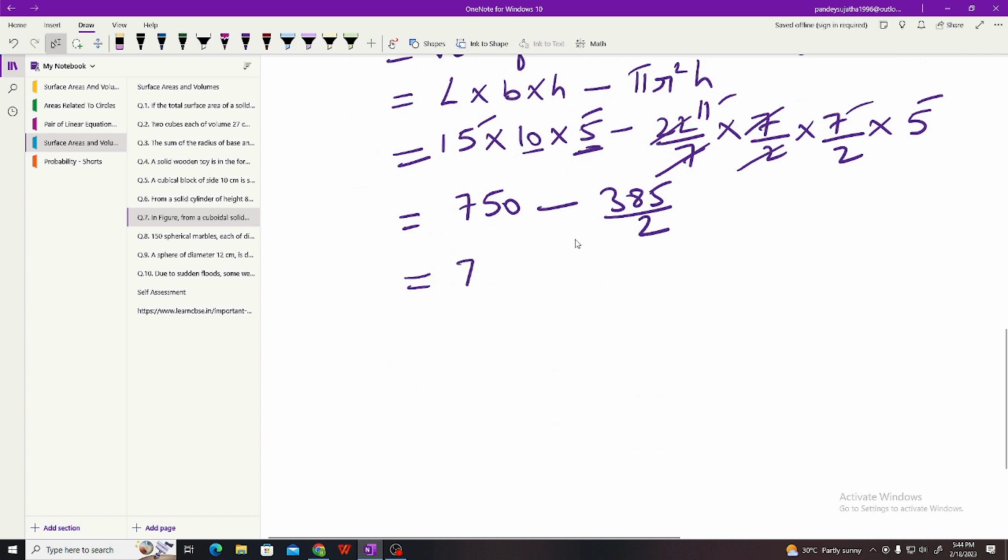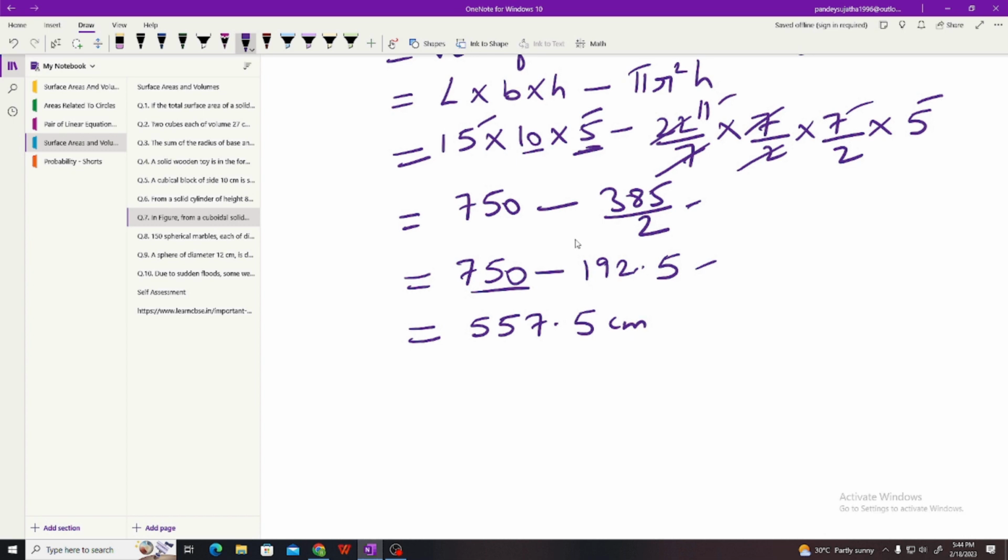So which is equal to 750 minus 385 upon 2 will be equal to 192.5. So subtract 192.5 from 750, we get 557.5 centimeter cube. So this will be the volume of the remaining cuboidal block. So let's see what is there in the next question.